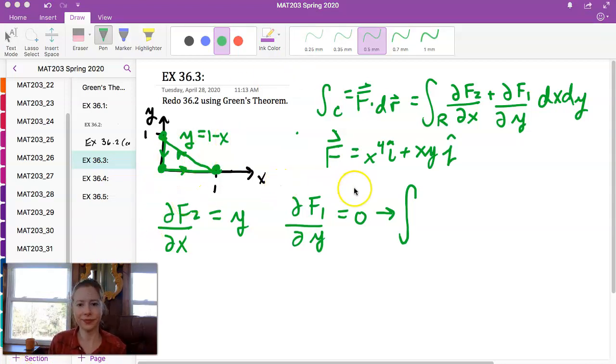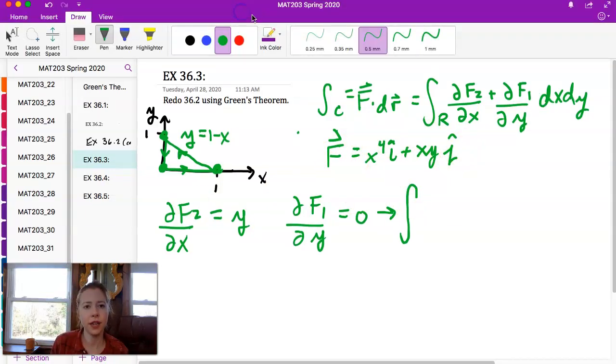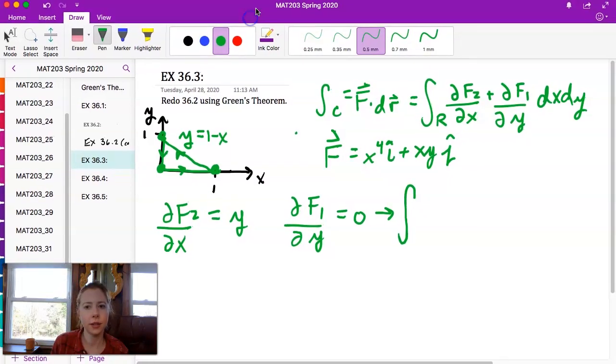All right. So now we have to set up the limits of our integration. So as far as x is concerned, let's integrate from 0 to 1. So we're trying to set up bounds for our region, 0 to 1. And then let's set up the bounds for y in terms of x.